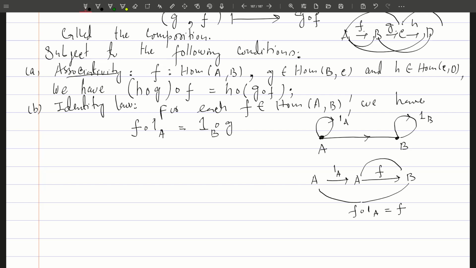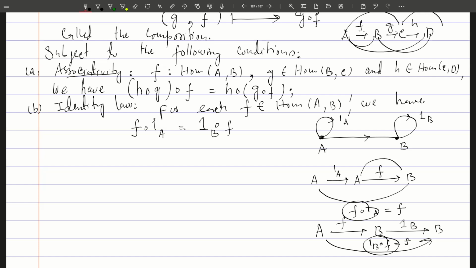If we first travel from A to B via the map F, and from B to B we go via the identity on B, then this composite map, which is 1 sub B composite F, must be equal to the map F. So these two maps are equal.